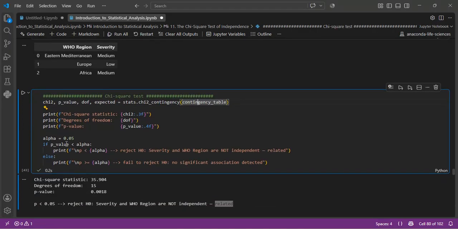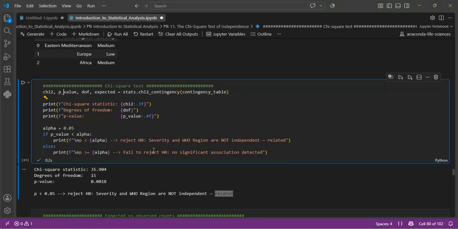So once we compare, the first condition is that if the p-value that we get from here is less than the significance level, then we say that the null hypothesis is rejected. The null hypothesis says that severity and WHO region are independent, that is, they are not related. And if the p-value is greater than or equal to alpha, we fail to reject the null hypothesis and say that no significant association was detected.